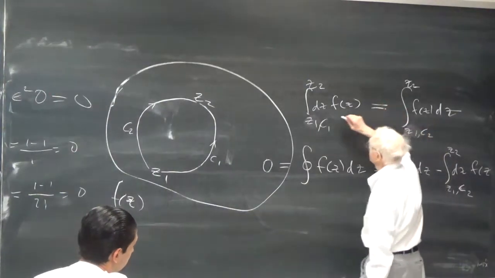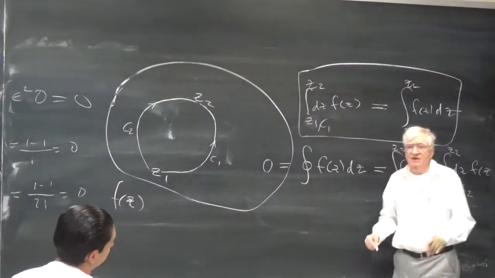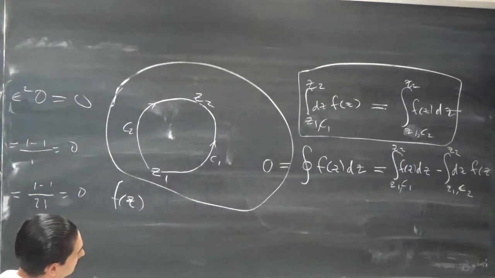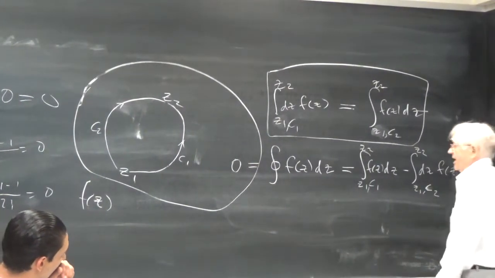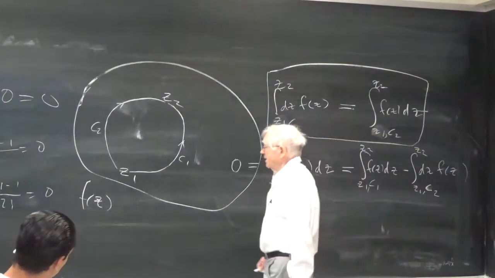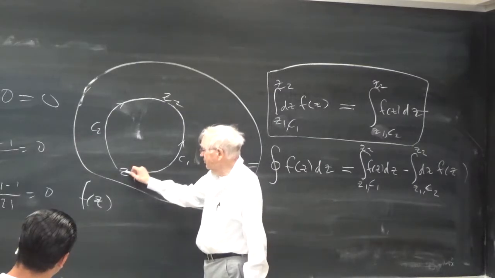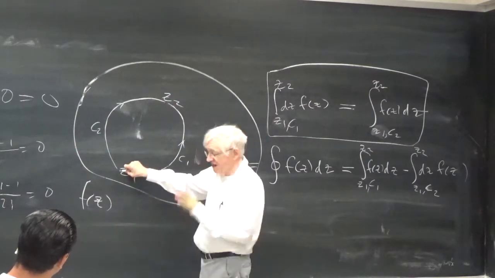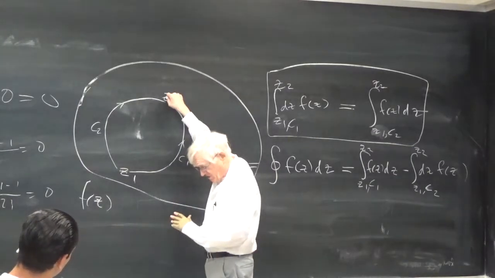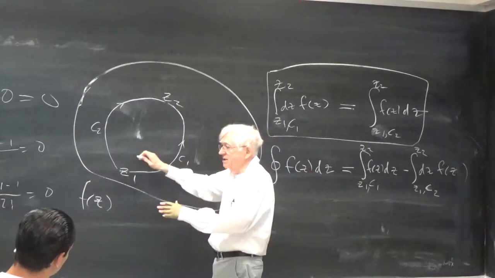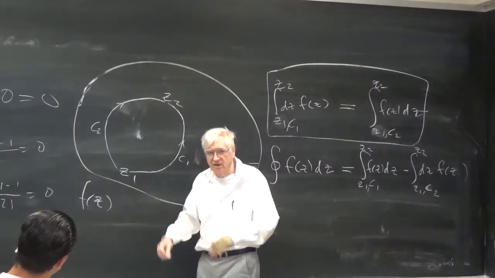So that means we have a general result, namely that if we have, again, a region of analyticity with no holes, then any two contours that go from one point inside the region of analyticity to another point inside the region are equal when you integrate f of z along them.